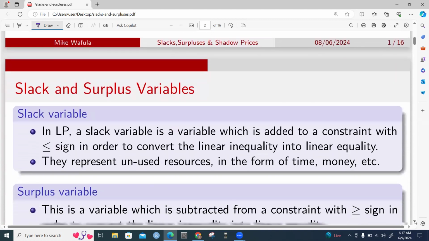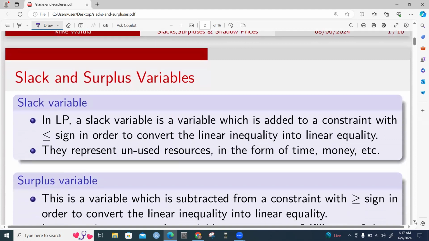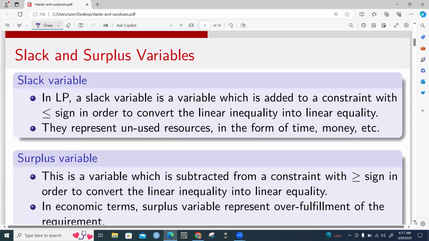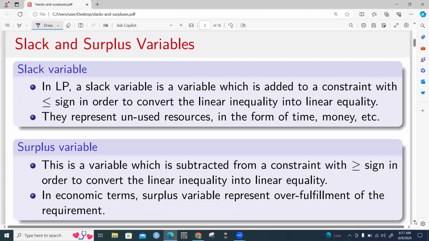So we begin looking at, first of all, the slack and the surplus variables. And these are usually additional variables that are added to any linear programming problem, particularly the constraints, to make them equations. We have already known in the past that a linear programming model always consists of the objective function as well as the constraints.